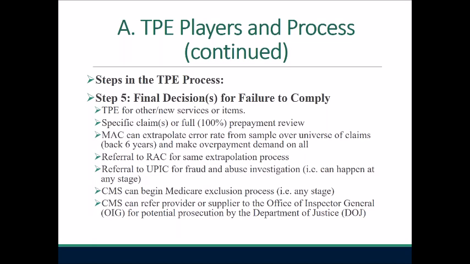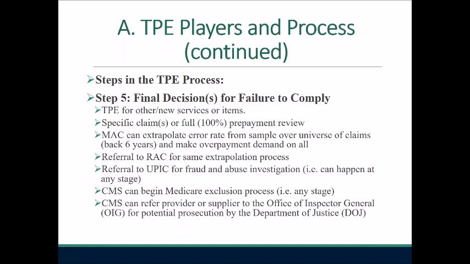If you had a limited scope TPE on specific services or items, they can start a new round of TPE audit based off of new or other services that were shown to be a problem during this process. Specific claims or full 100% prepayment review.